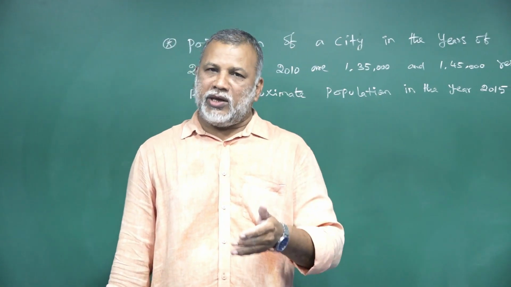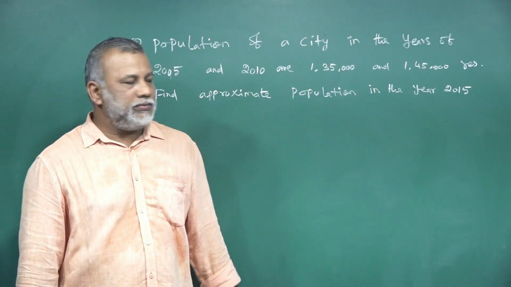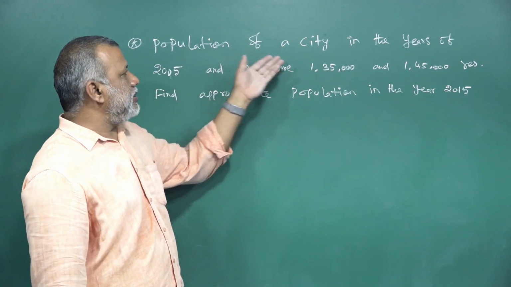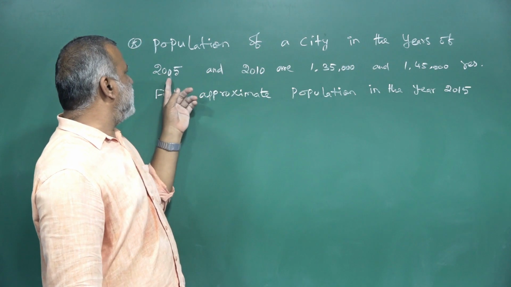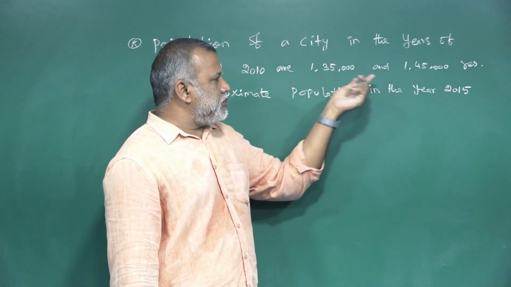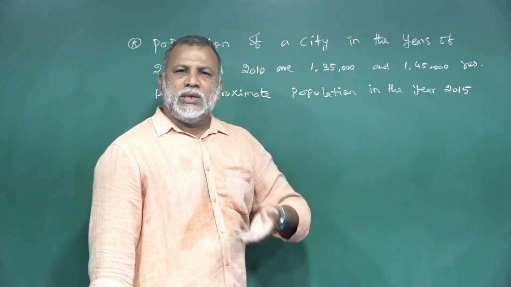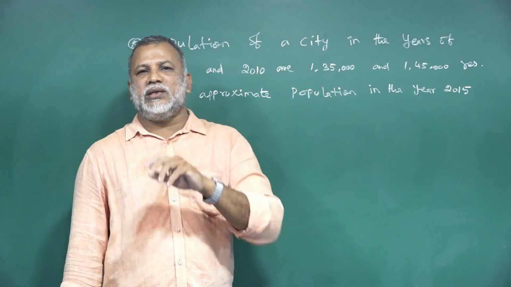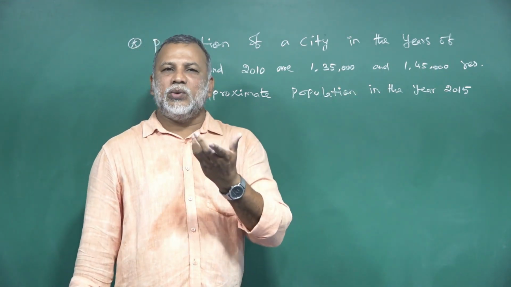We have one more application problem based on coordinate geometry, that means the concept of analytical geometry. The population of a city in the years 2005 and 2010 is given as 1,35,000 and 1,45,000. So we can consider the year as the x quantity, and the population as the y quantity.